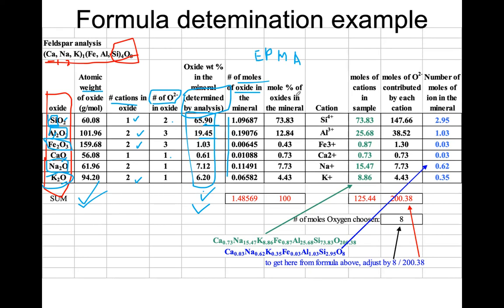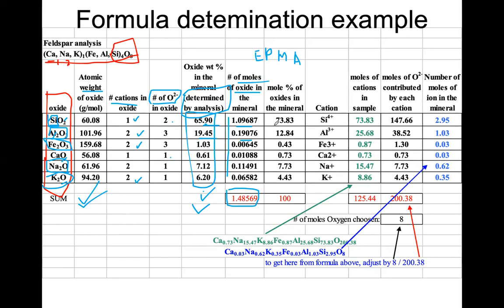Okay, and then you can calculate the mole percentage of the mineral. Because you have the total moles here, and you have each individual number of moles there, it's easy for you to calculate the mole percentage using these two numbers, right?